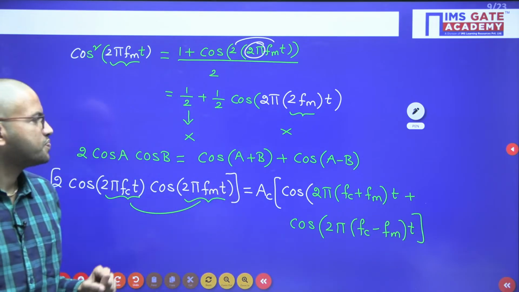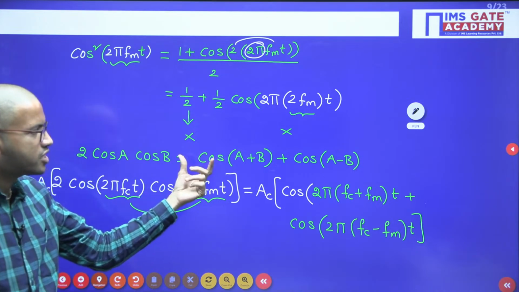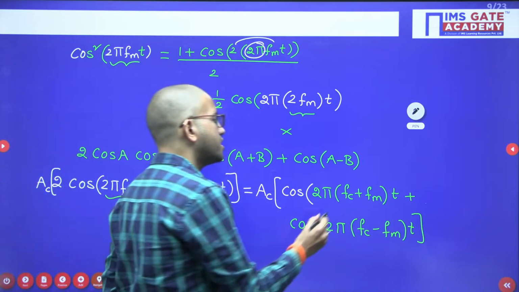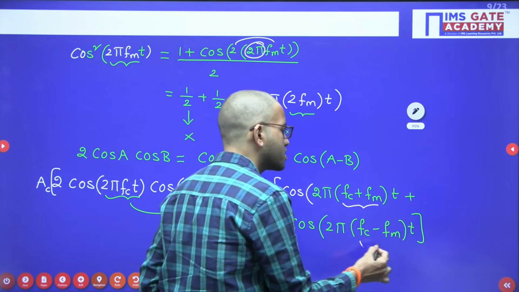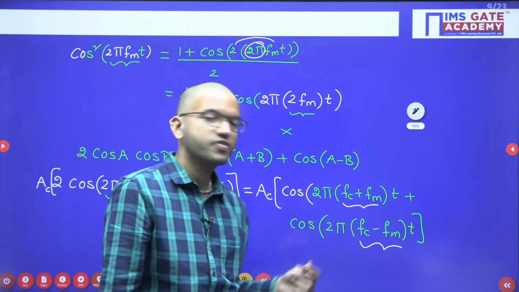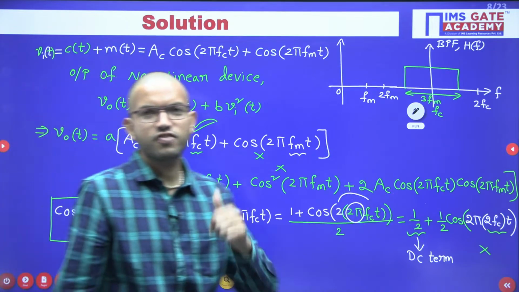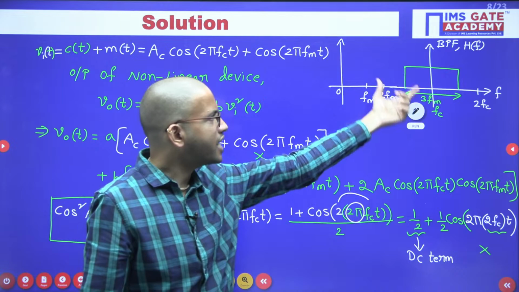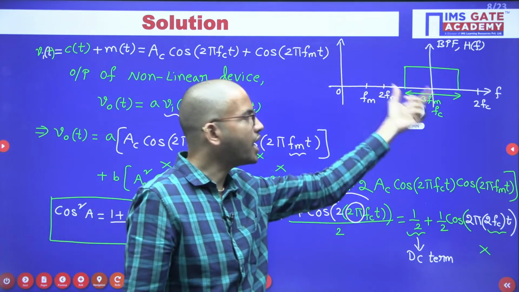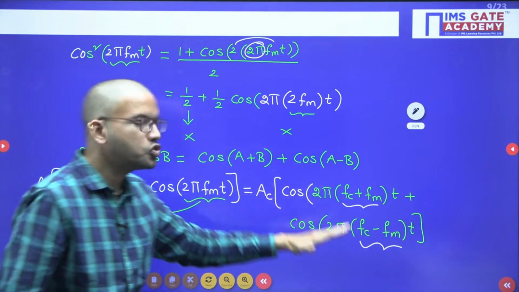Now just observe, by using this standard trigonometric equation we are able to represent it like this. With this understanding, you are having two frequencies: one is fc plus fm, another is fc minus fm. I am giving one more chance for all of you: according to the given question, whether this ideal band pass filter is allowing these two terms or not.